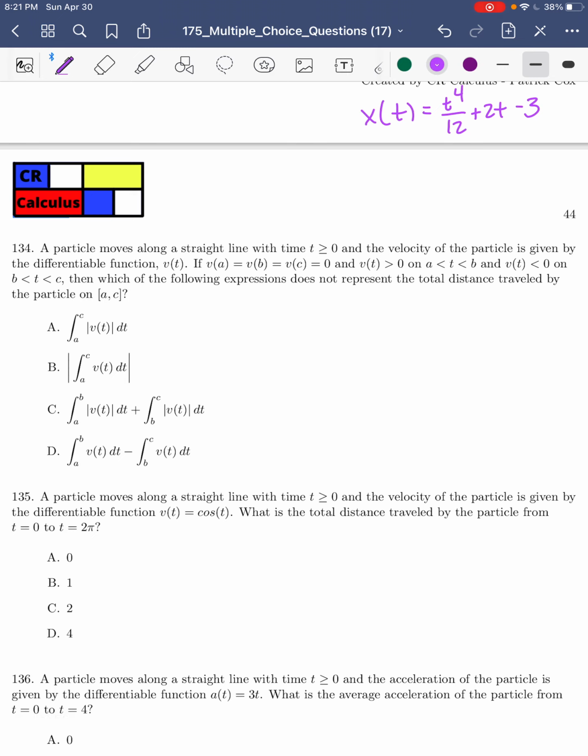All right, 134 is asking us which of the following expressions does not represent the total distance traveled. So when you think of total distance traveled, you should be thinking of an absolute value. So we know it's going to be some sort of absolute value of velocity, but the integral.